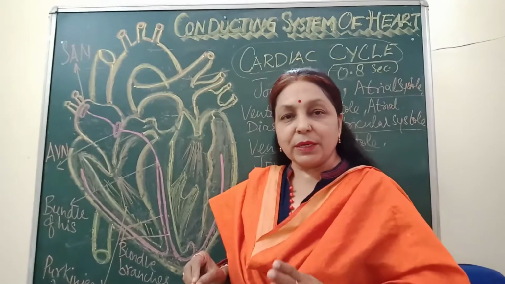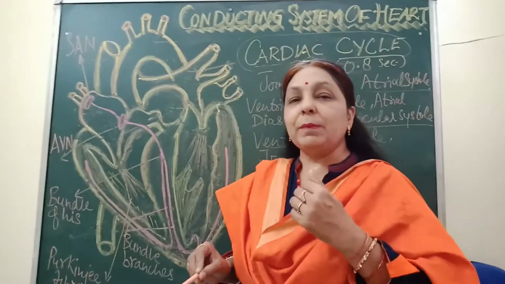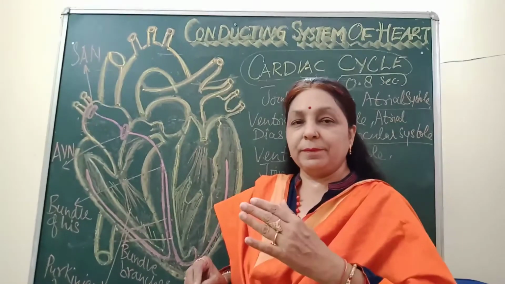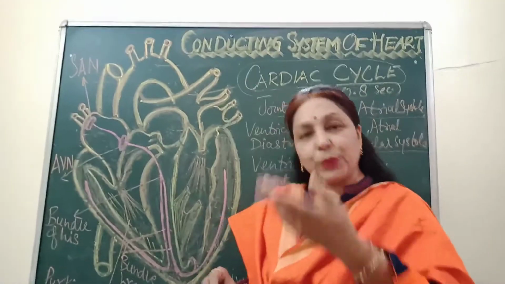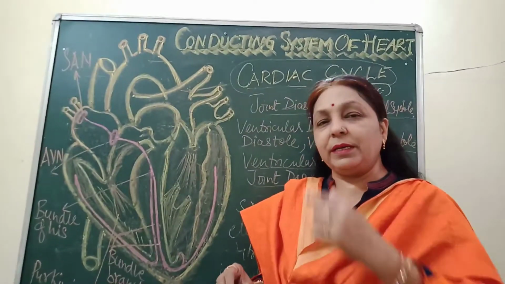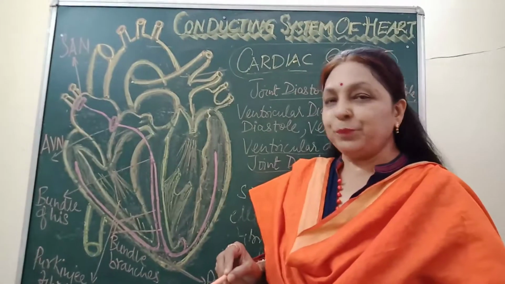So when the AV valves are closed, the semilunar valves are open, and the blood is going further. That means from the left ventricle it is going to the aorta, and from the right ventricle it is going to the pulmonary artery for purification.